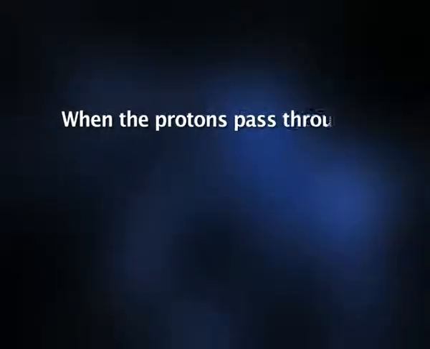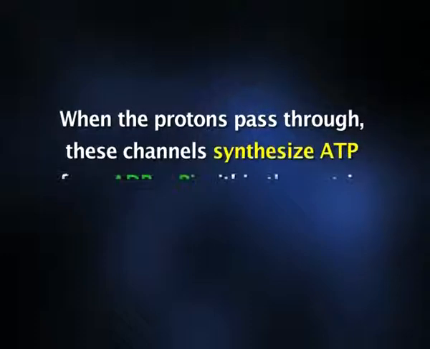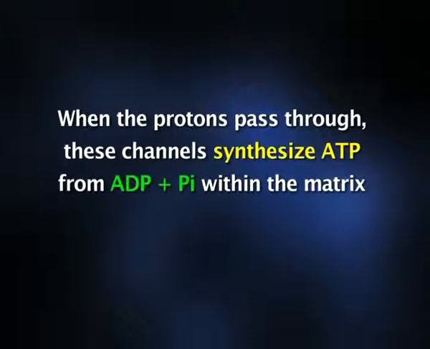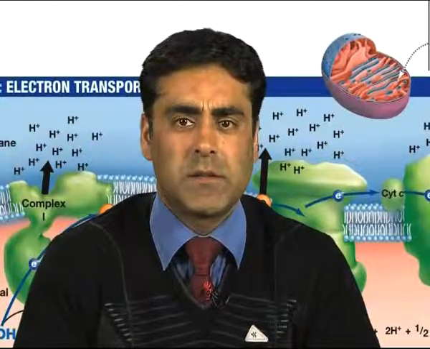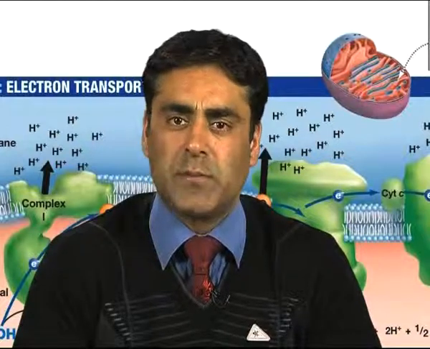When the protons pass through these channels, they synthesize ATP from ADP and inorganic phosphate within the matrix. The ATP is then transported by facilitated diffusion out of the mitochondria and into the cell's cytoplasm. Because the chemical formation of ATP is driven by a diffusion force similar to osmosis, this process is referred to as chemiosmosis.